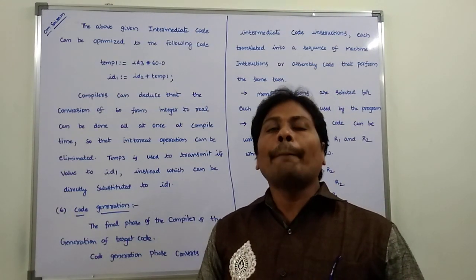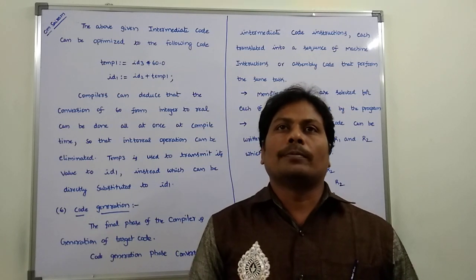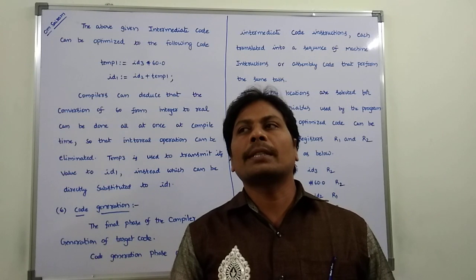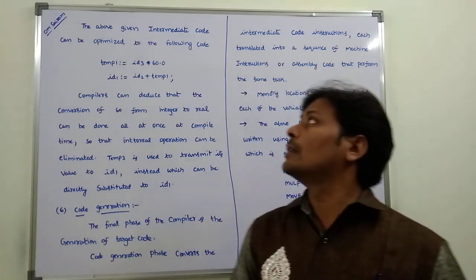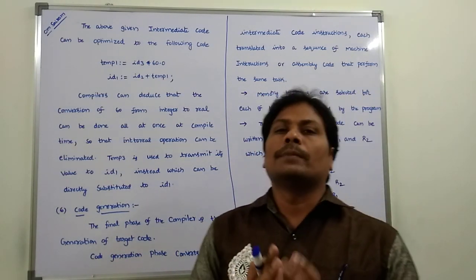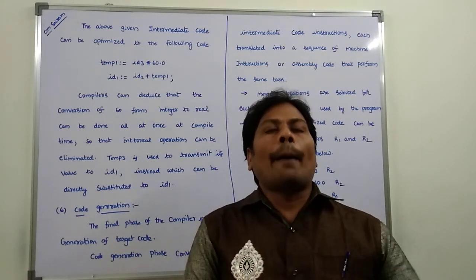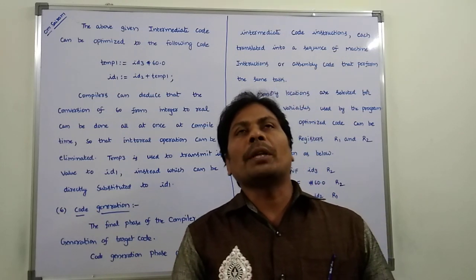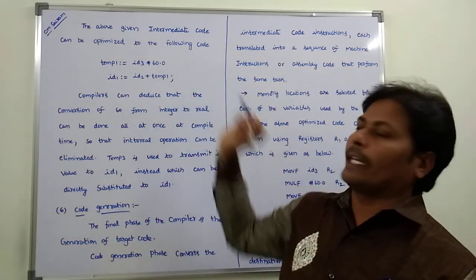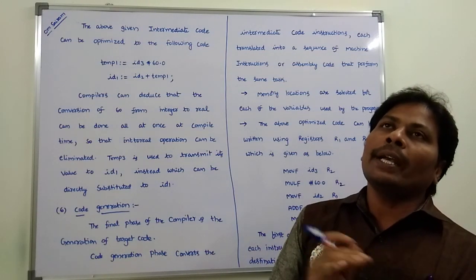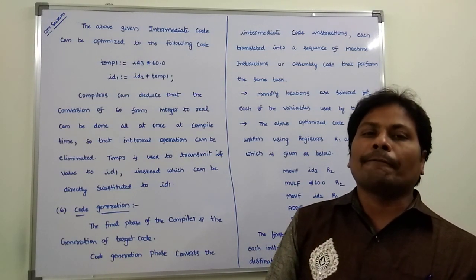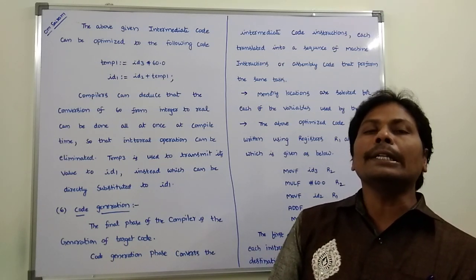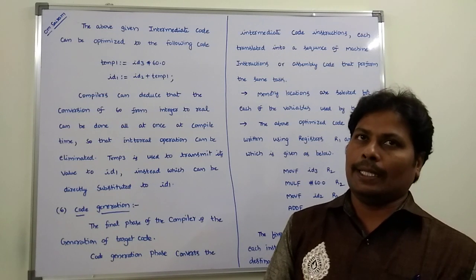Next, the above intermediate code representation can be optimized into two statements. In the intermediate code representation, the first instruction is temp1 is equal to int to real of 60.